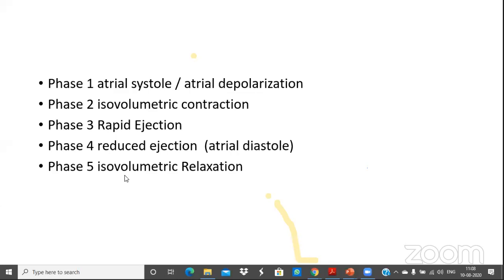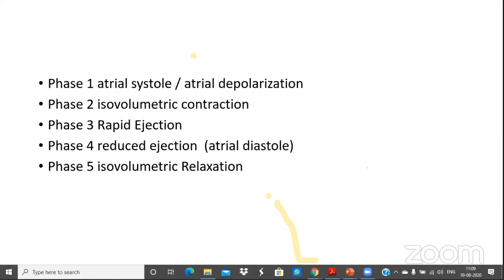When the atrium relaxes, automatically a vacuum, an empty space, is created, so blood passively enters the atrium, from the superior vena cava, inferior vena cava, and on the left side from the pulmonary veins.